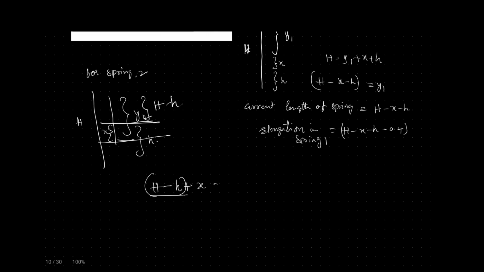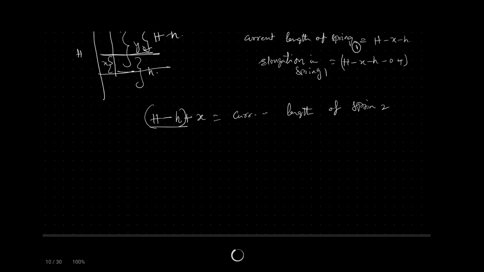This is the current length of spring 2. Elongation, same thing: just h minus h plus x, minus 0.4. This is the elongation.